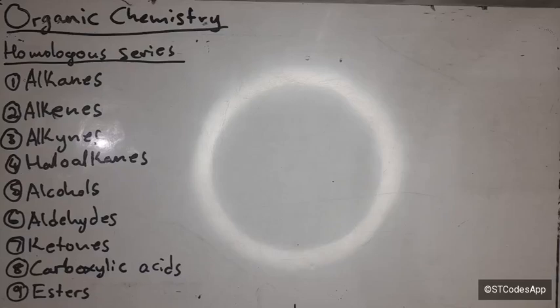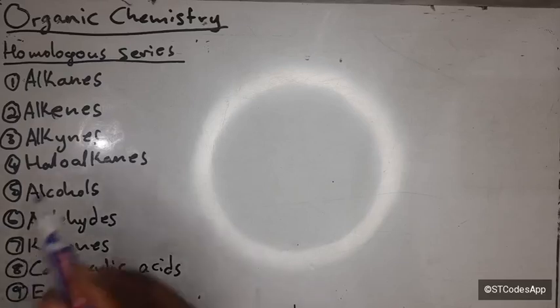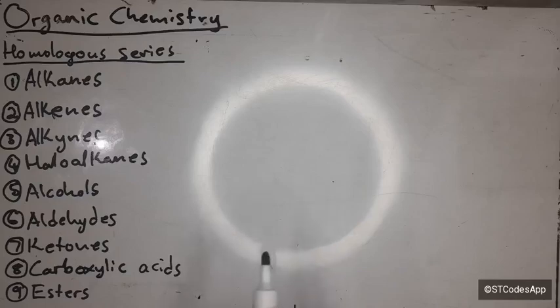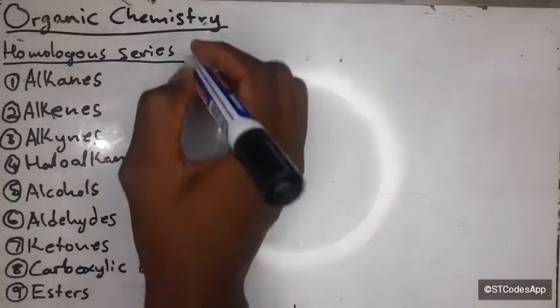The definition for homologous series previously was a group of compounds that can be determined by the same functional group. So consider the homologous series alkanes. The alkane has its own functional group.